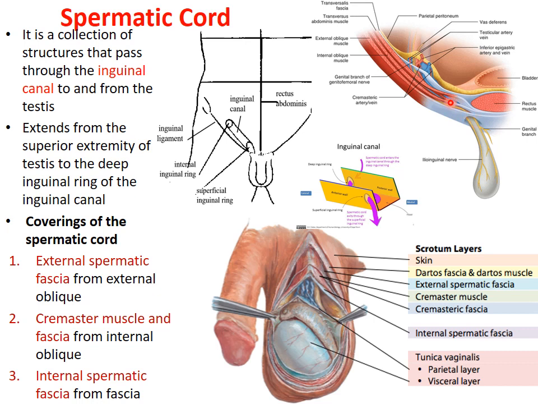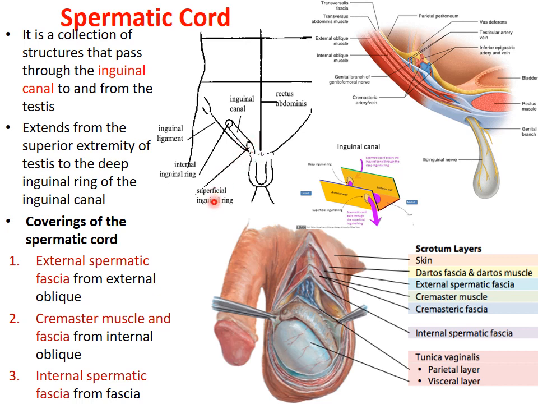While penetrating the three layers, it forms a canal, right? That canal is like here. Now this canal is actually formed by the three abdominal muscle layers, and the outer opening of this canal is called the superficial inguinal ring.